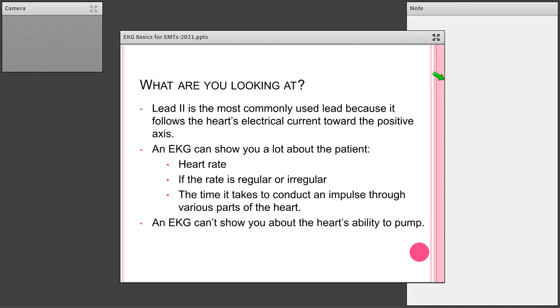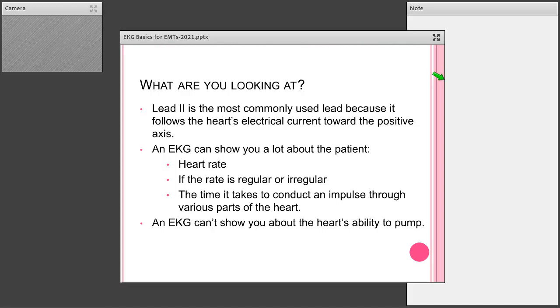It will tell you the heart rate, and we'll talk about how to measure the heart rate from the strip. It will tell you if their rate is regular or irregular, if you might suspect AFib or some dropped beats or things like that. And then it also will tell you about the time it takes to conduct an impulse through the various parts of the heart.